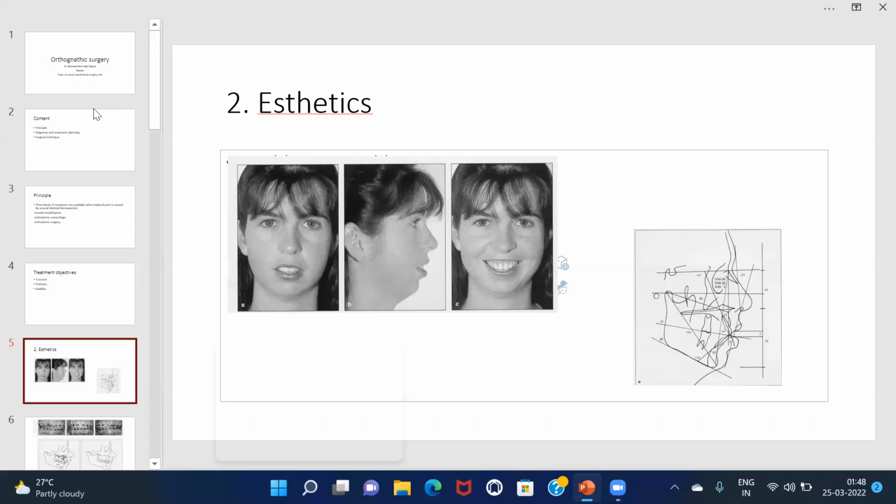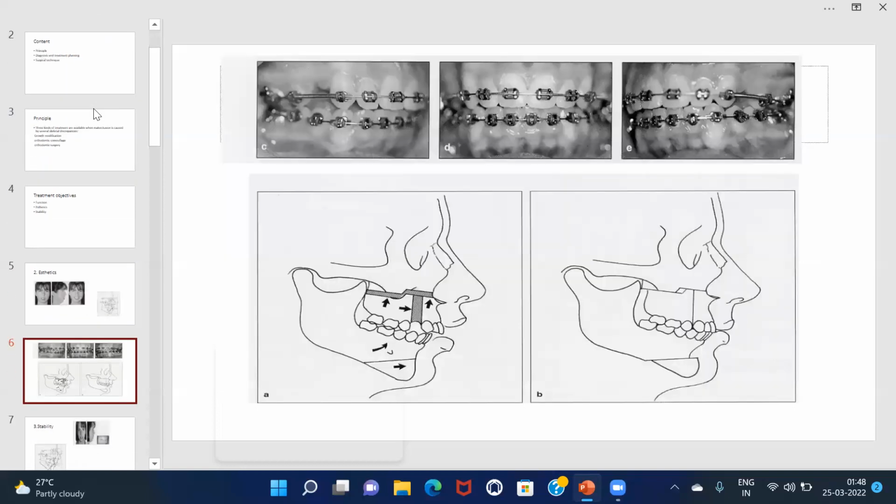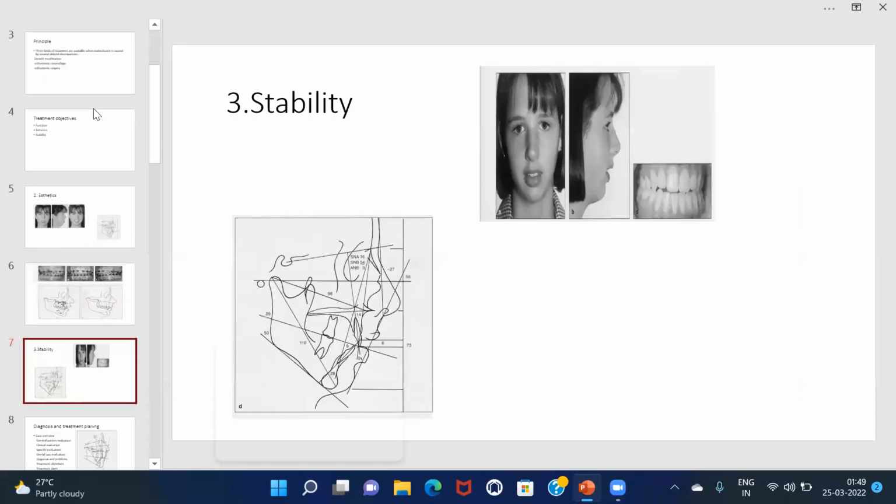In some orthodontic compromise cases, the compromised dentition may limit the surgical solution or even make it impossible. Now, stability. Without stability, the achievement of good function and pleasing aesthetics is obviously not acceptable. Certain orthodontic tooth movements have questionable stability.